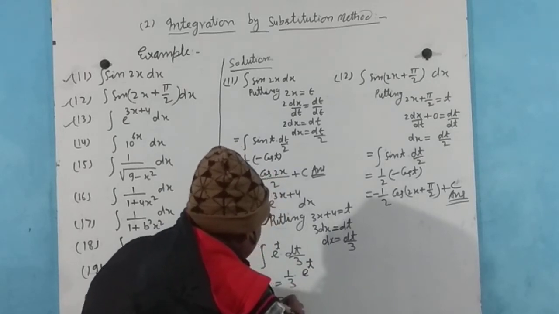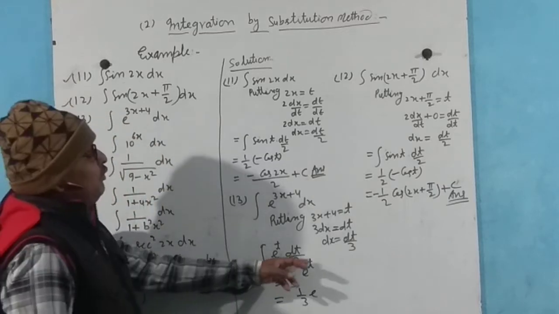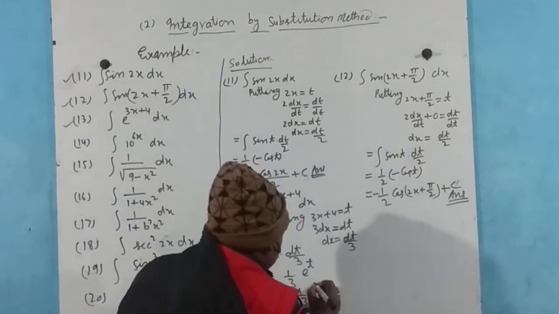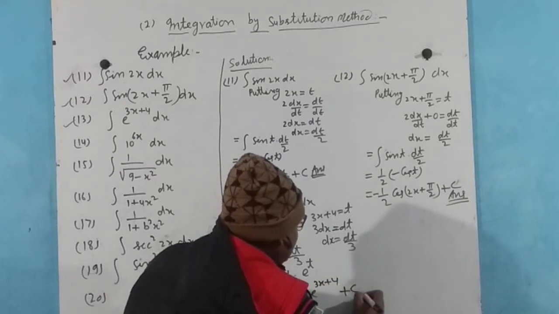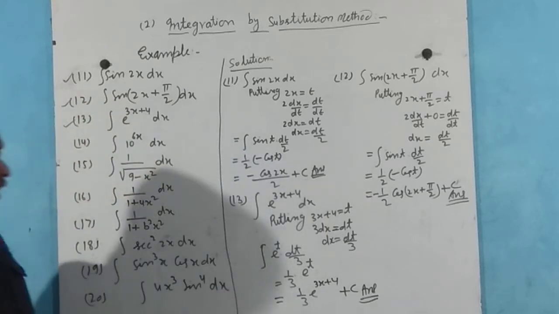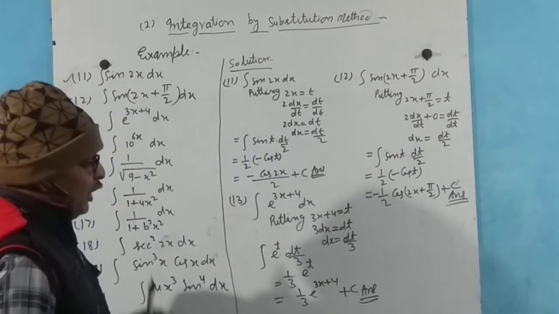It means that this is equal to 1 by 3 e power, putting the value of t equal to 3x plus 4, plus integrating constant c here. Now this is our answer. Now take another example here.